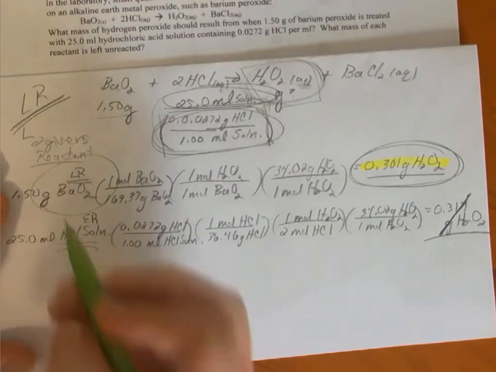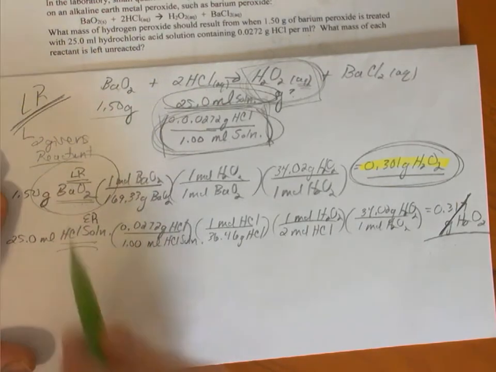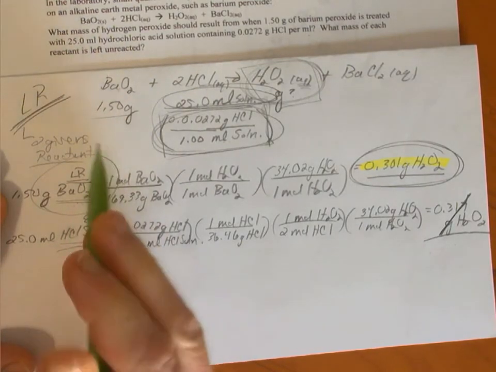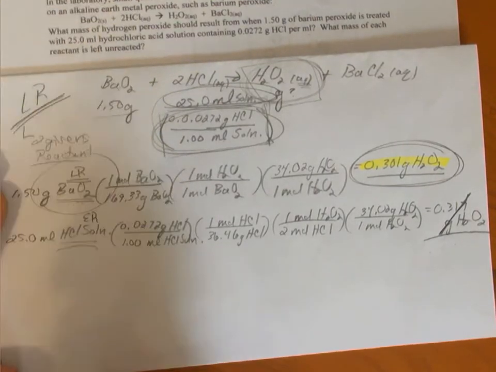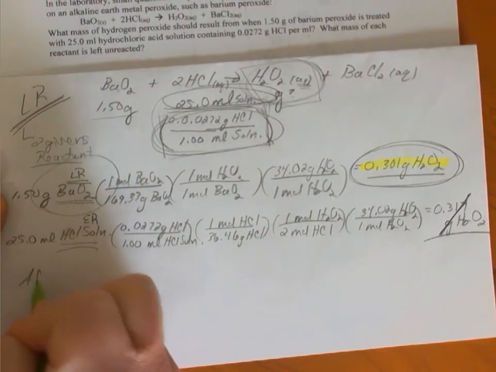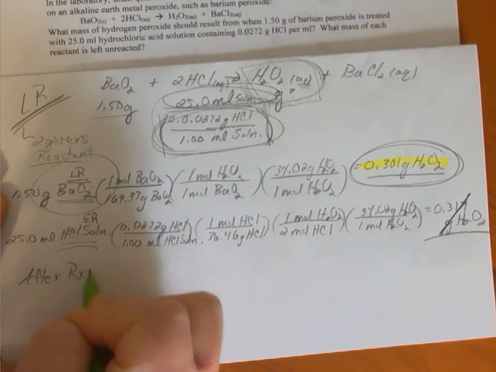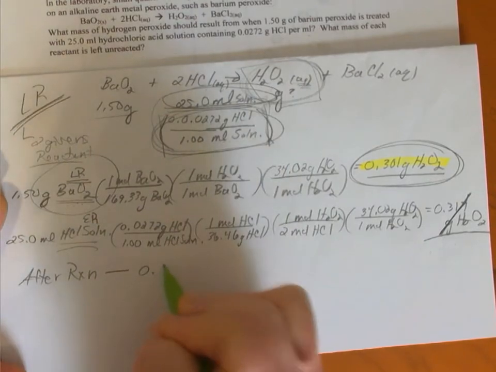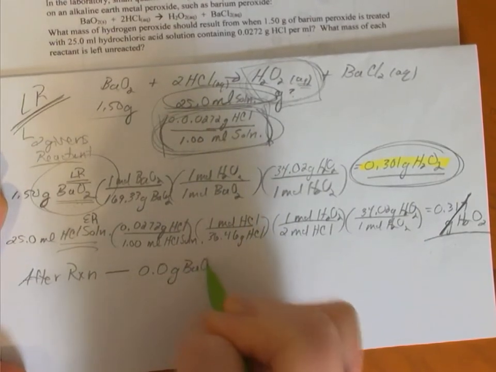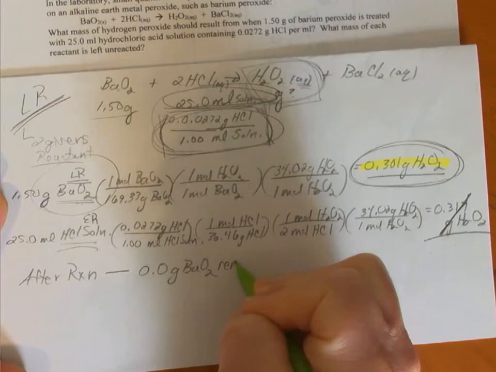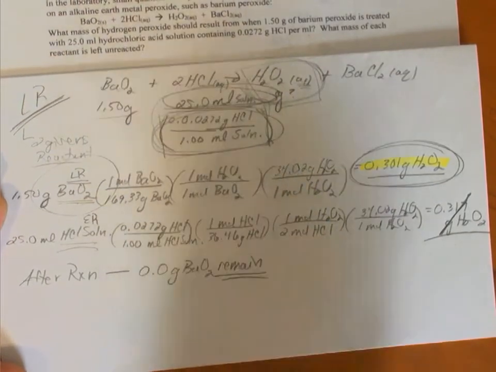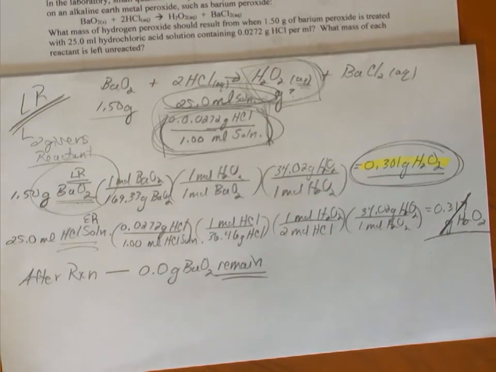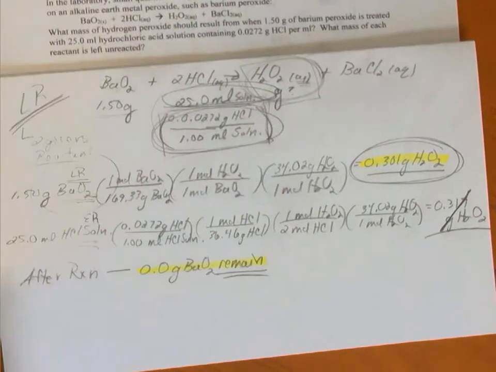Well, what makes the barium peroxide limiting is the reaction stops when it runs out. So, after the reaction, there are 0 grams of barium peroxide that remain. Okay, we can take that to the bank. We know that.